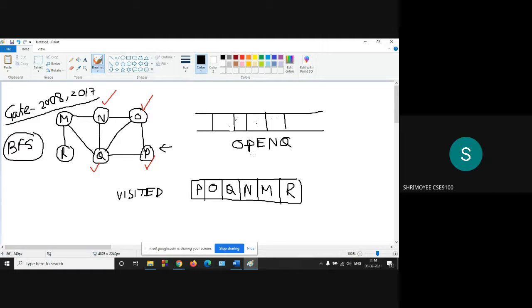Sir, the starting from P that you did, will it be given in the question, or do I have to assume any starting vertex myself? It is given in your question. Okay sir. Let Q be the starting vertex. Then what will be the visited array?